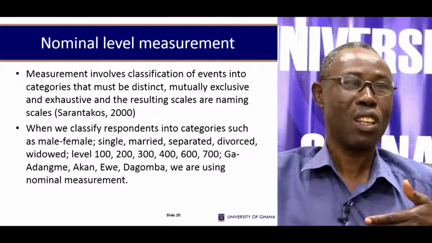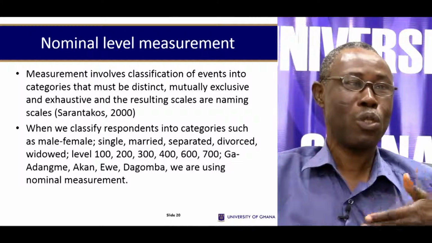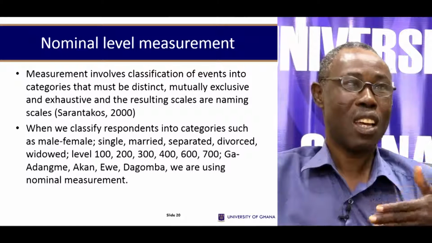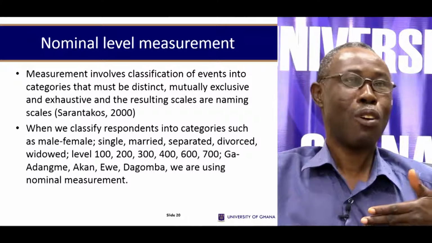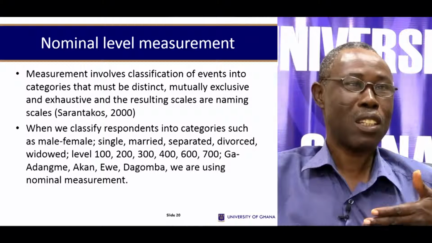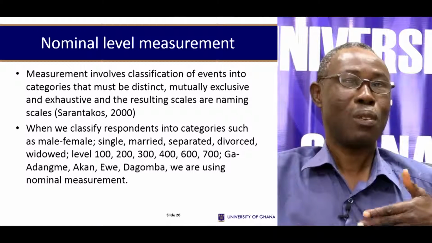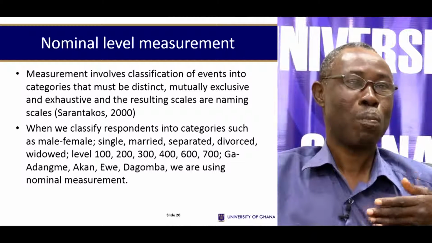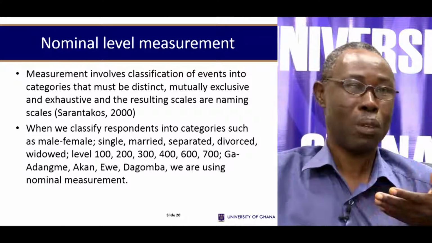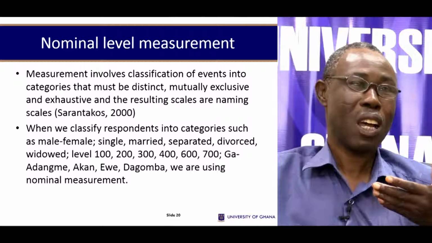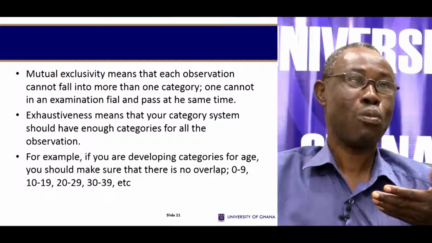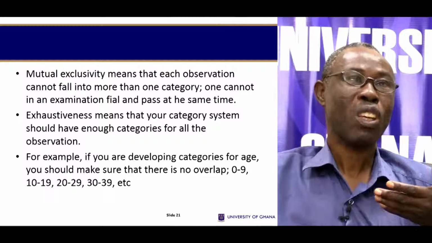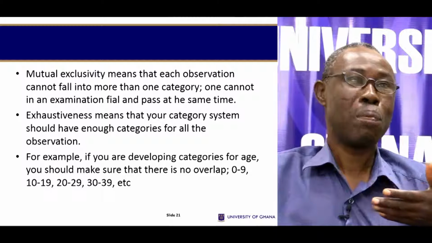That doesn't mean the one with which you start the measurement is better or of higher magnitude than the other. We are only looking at it from the point of view of arrangement, and the arrangement can be in any sequence.